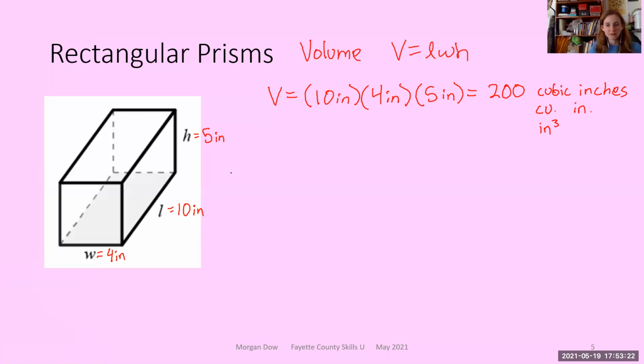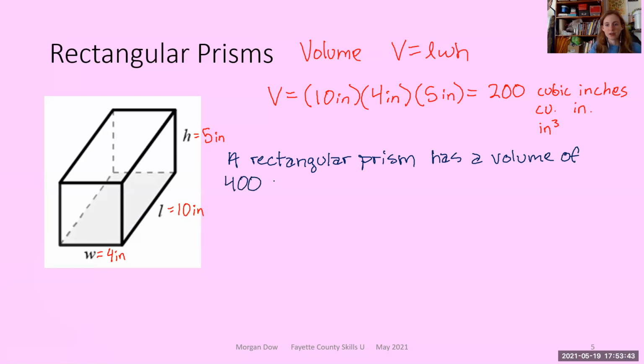So let's say a rectangular prism has a volume of 400 cubic inches.